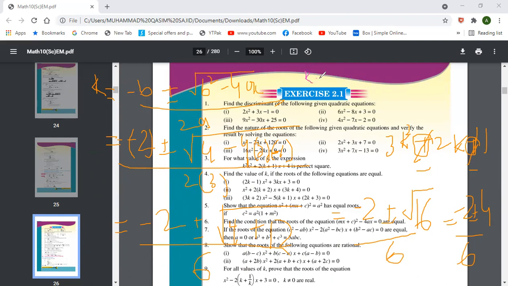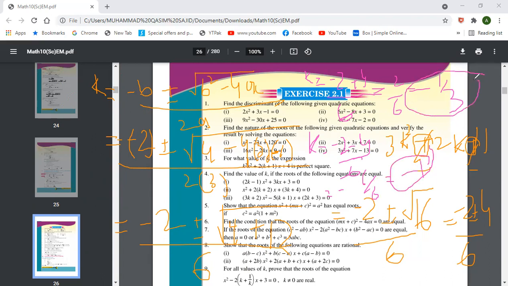The first value is minus 2 plus 4 upon 6, which equals 2 upon 6, that is 1 upon 3. The second is k equals minus 2 minus 4 upon 6, which equals minus 6 upon 6, equal to minus 1. These are the two values of k we find.